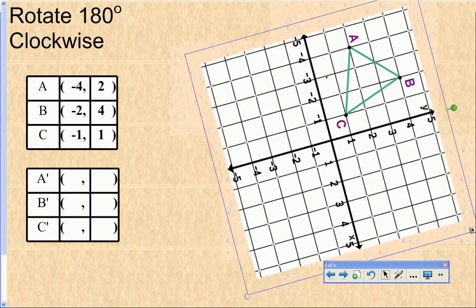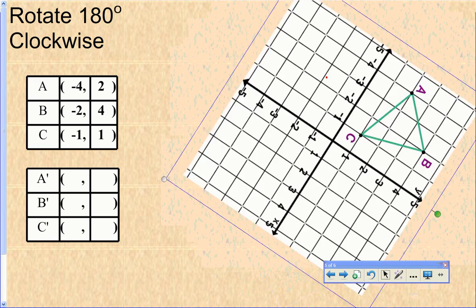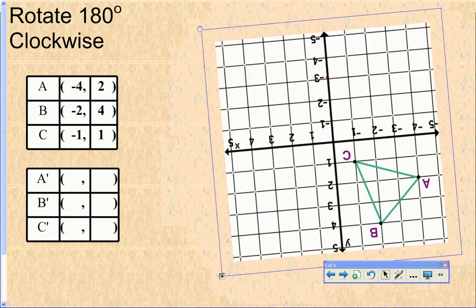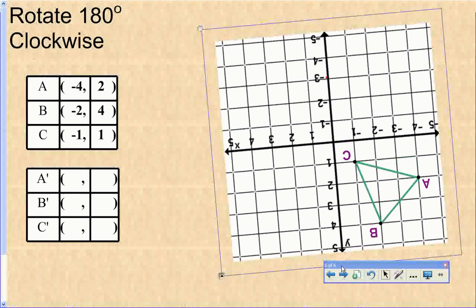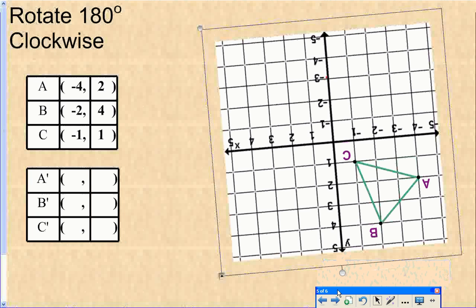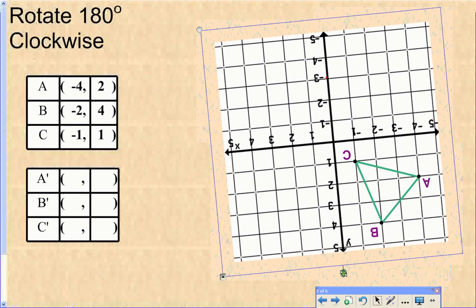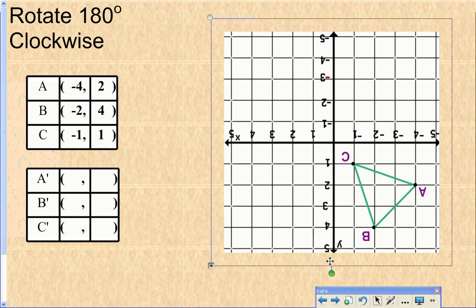So there's 90 degrees. There's 180 degrees. So now here's where I want the object to end up. I just turned my paper 180 degrees, so basically turn my paper upside down. I'm going to write down these new coordinates of ABC.